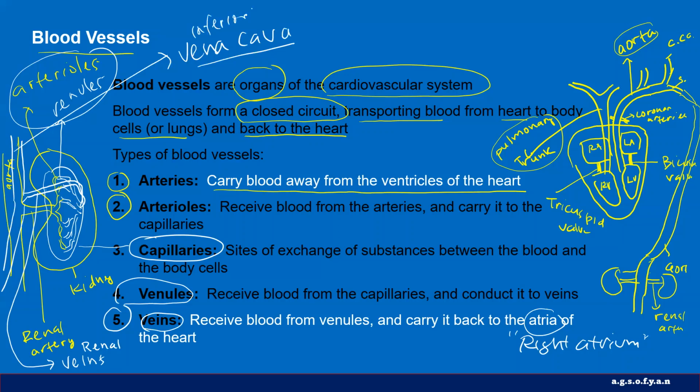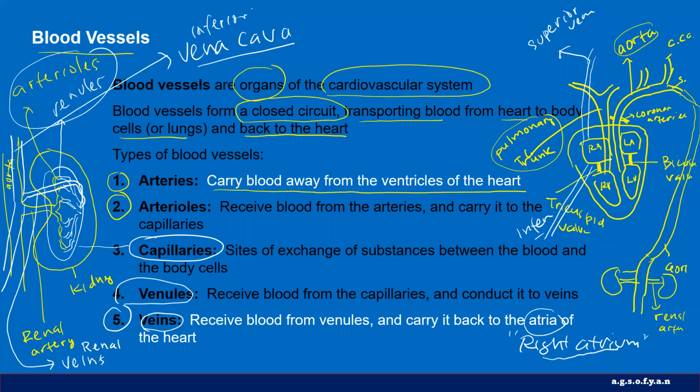The other one comes from the top, from organs like the brain and our upper arm, and this is the superior vena cava. The inferior vena cava and superior vena cava enter the right atrium.